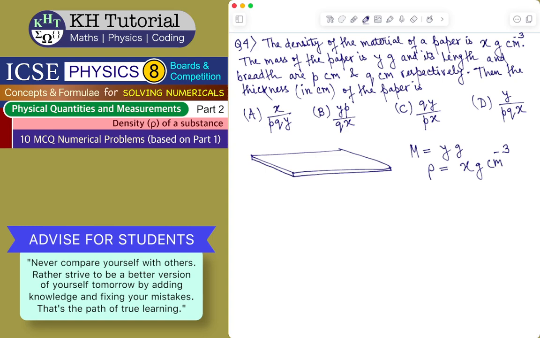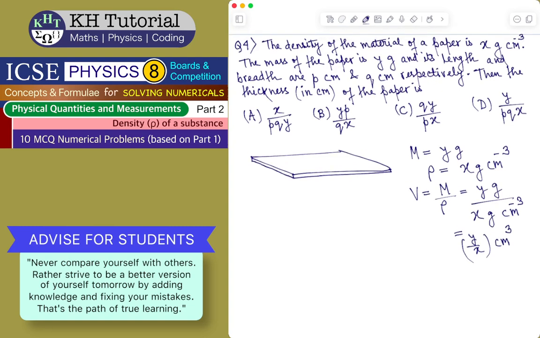From the given mass and density, we can first find the volume of the sheet of paper. So volume will be equal to mass by density, that is y gram divided by x gram per centimeter cube. So the volume of the paper is y by x centimeter cube.